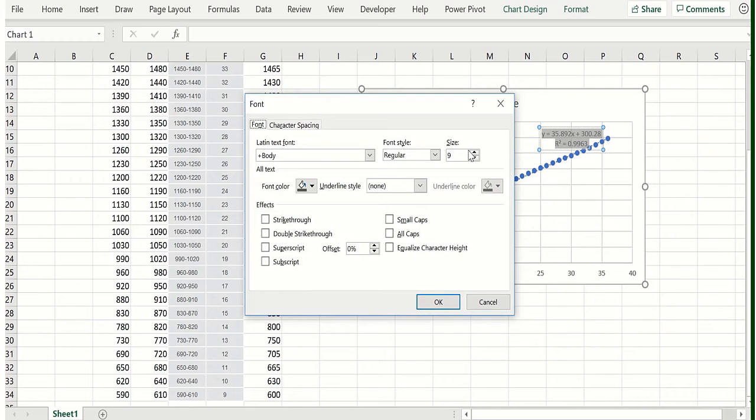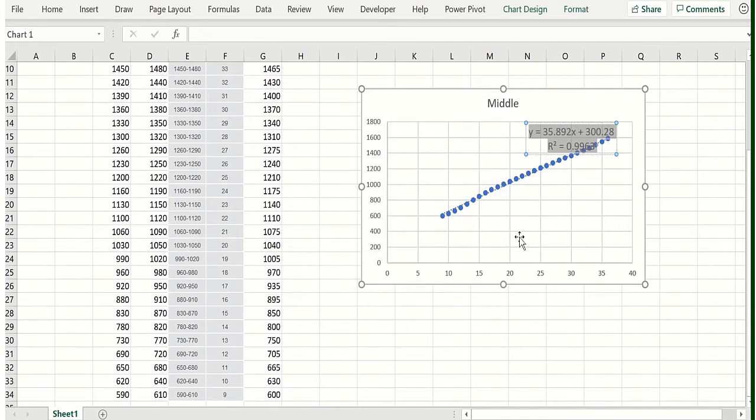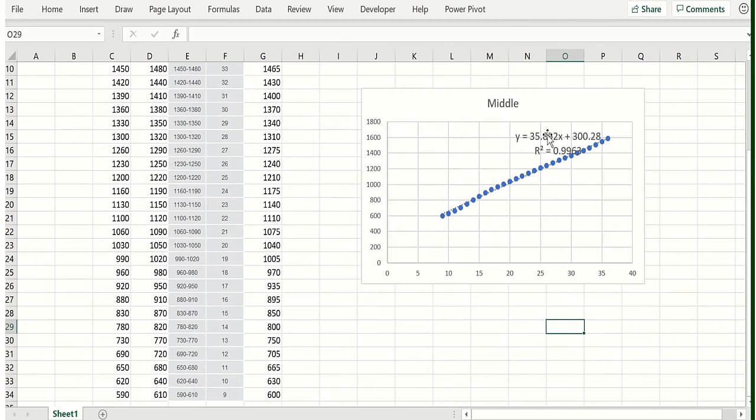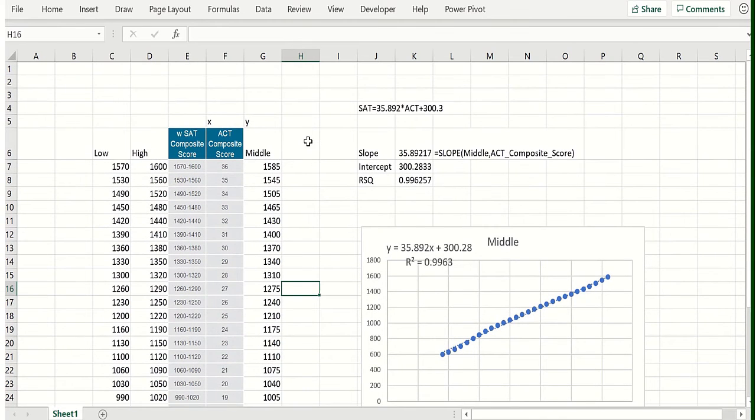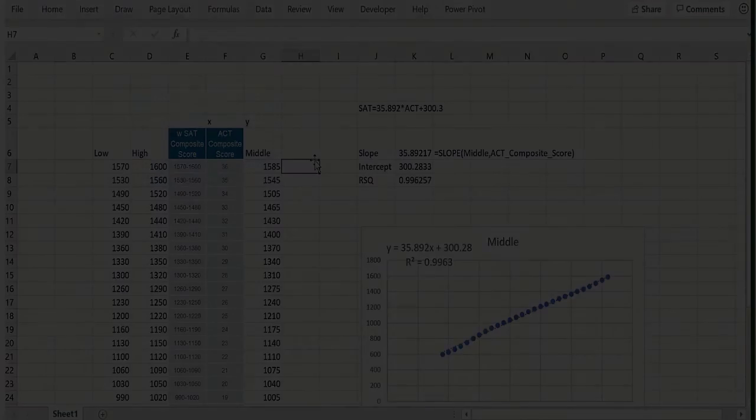Control 1. Okay. And so that shows you how we can use what we've learned about regression to figure out how to convert an ACT score to an SAT score. And of course, we could go backwards trying to predict the ACT from the SAT, but I'll stick with this.